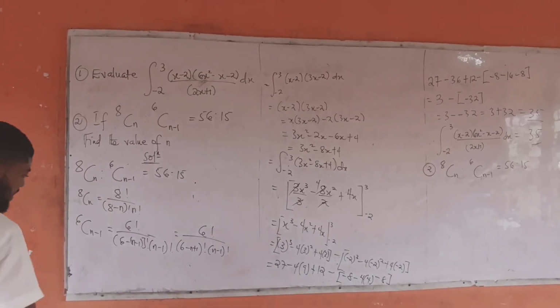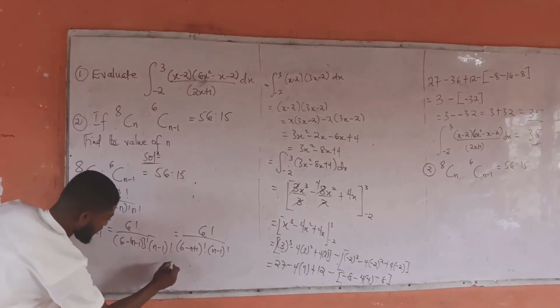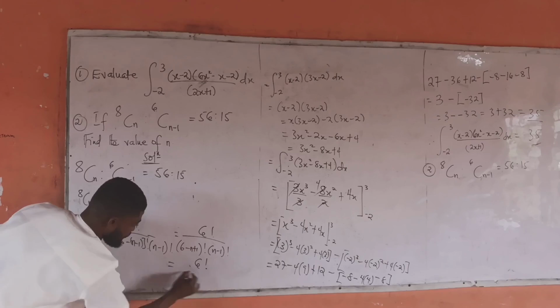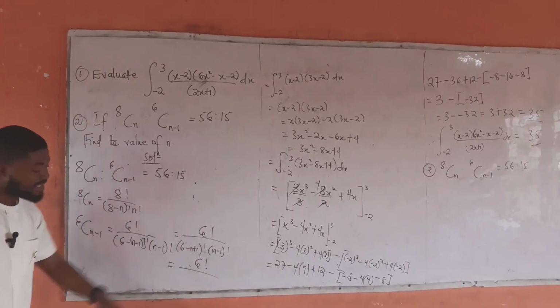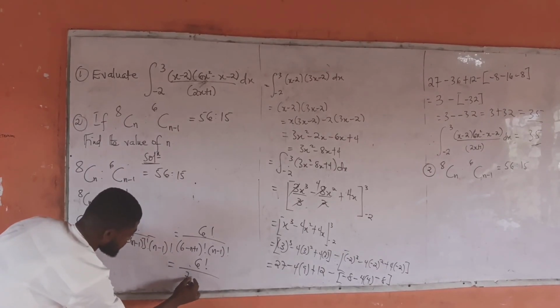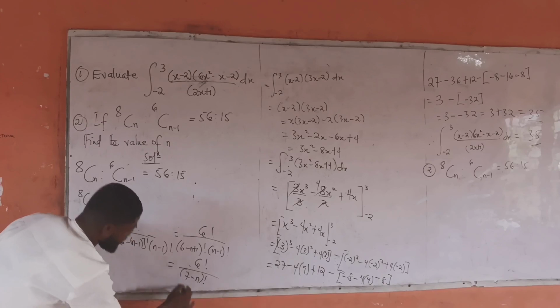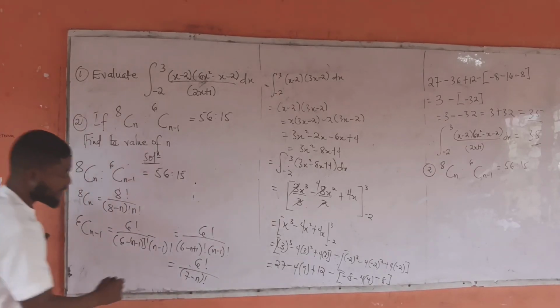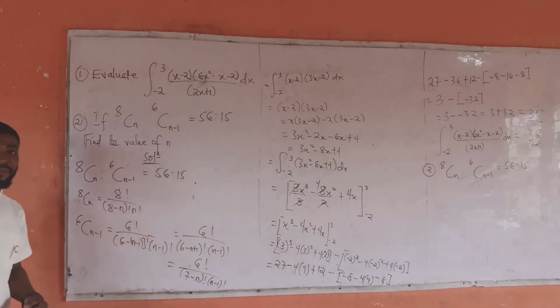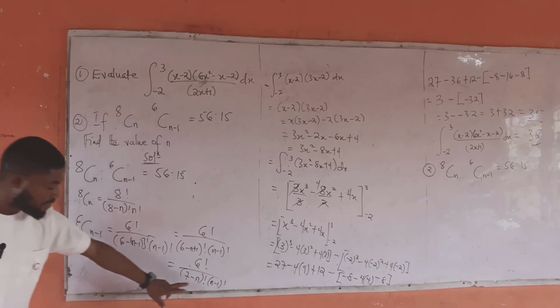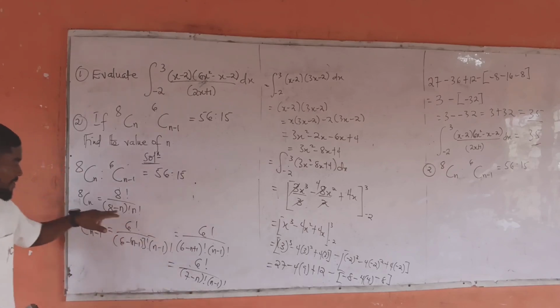Yes, so from here we can see that this is going to be 6 factorial over (6 plus 1), 7 minus n factorial, all over n minus 1 factorial for now, because I can see some things cancelling out from here.